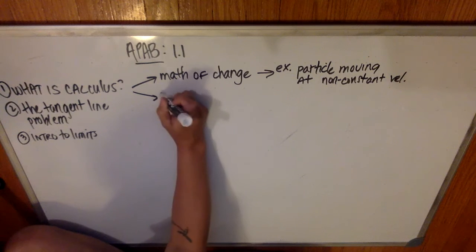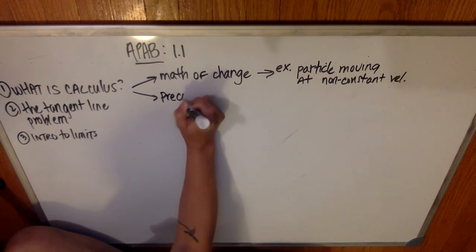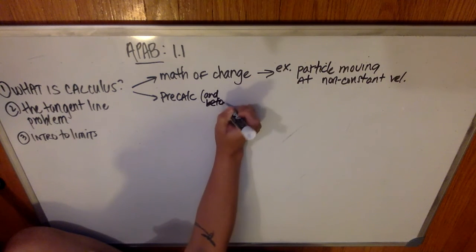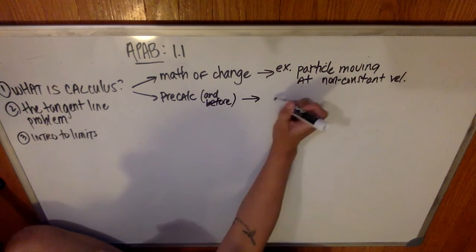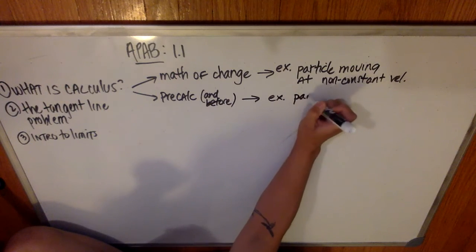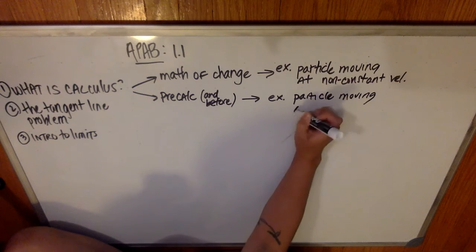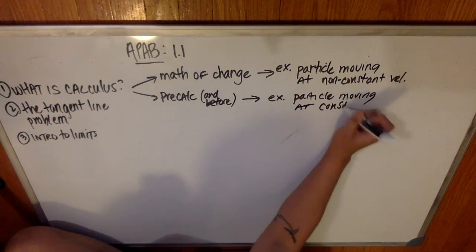Whereas if you talk about pre-calc and before that, like algebra and everything else, you would have to talk about something that is moving only at a constant velocity.